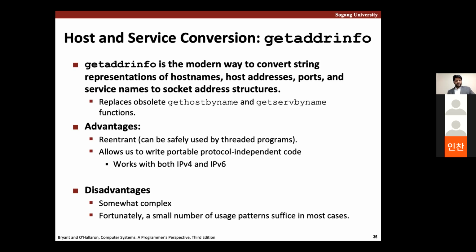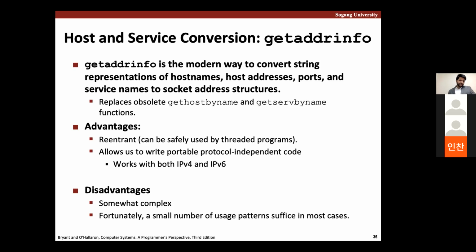And the second thing is that it allows us to write portable, protocol independent code. So it works with both IPv4 and IPv6. We have seen in the initial slides that we will learn how we can build protocol independent network connections. Actually this is one of the key things that you use get address information for: to build protocol independent source code for your network application.